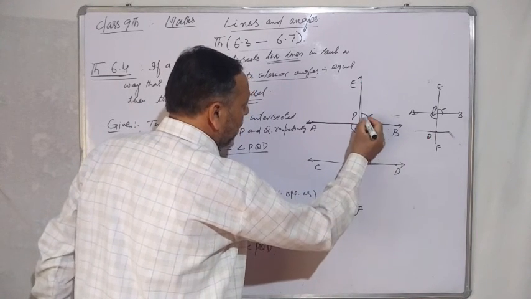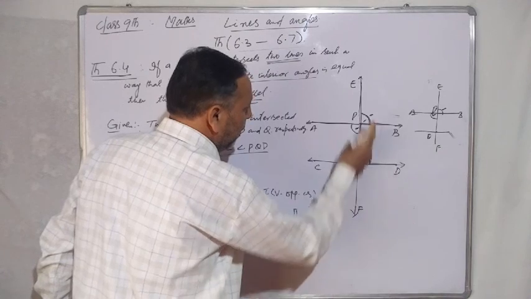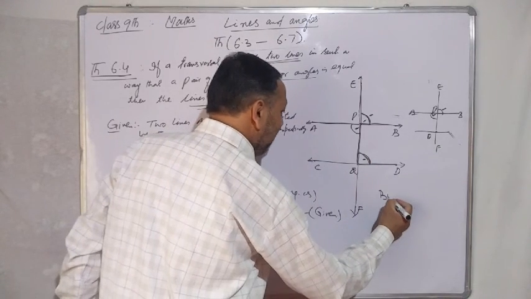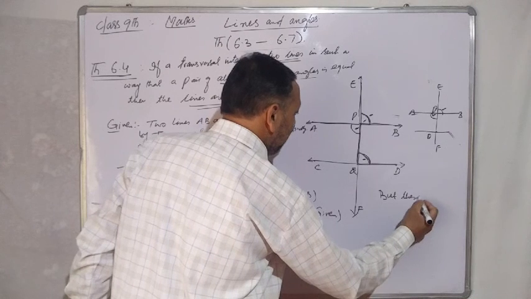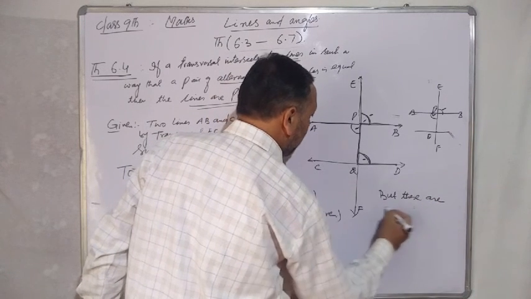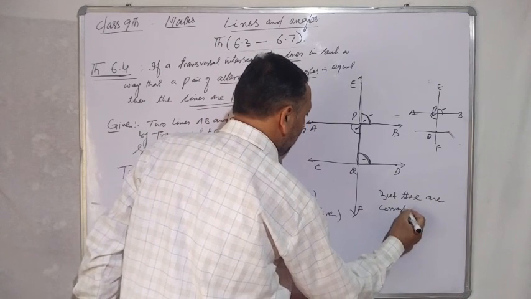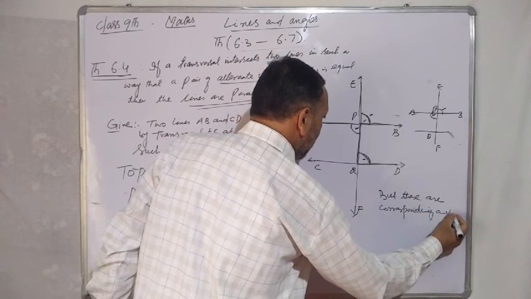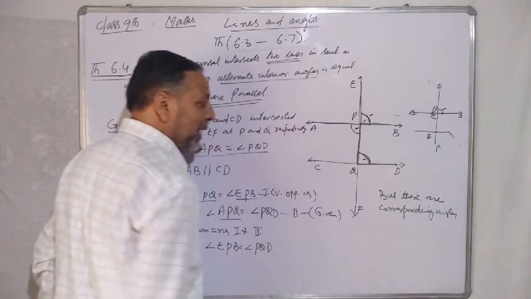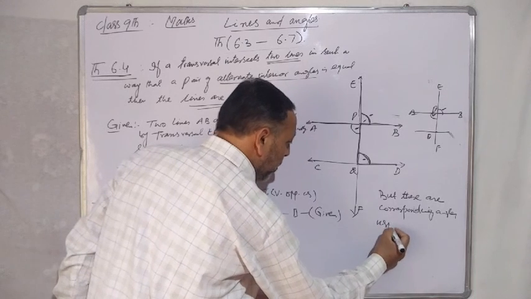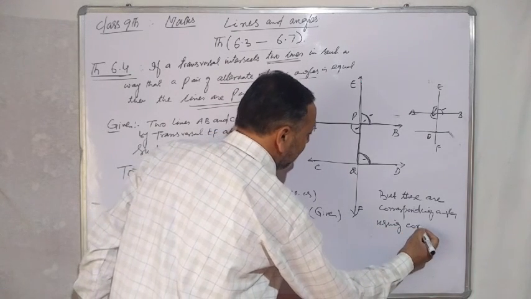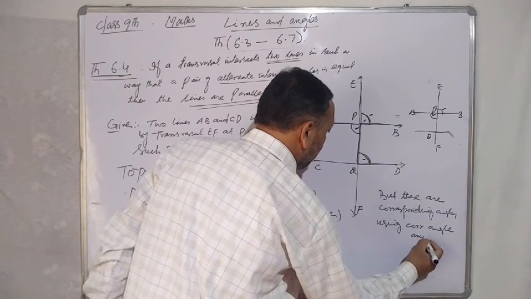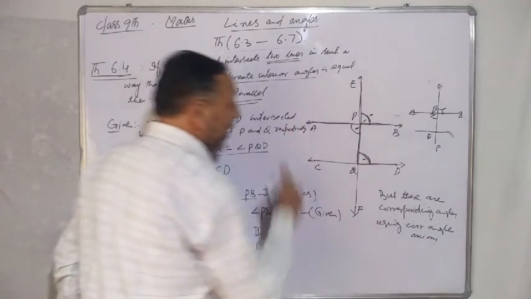This angle is equal to this, but these are corresponding angles. Now using the corresponding angle axiom, what is the corresponding angle axiom?